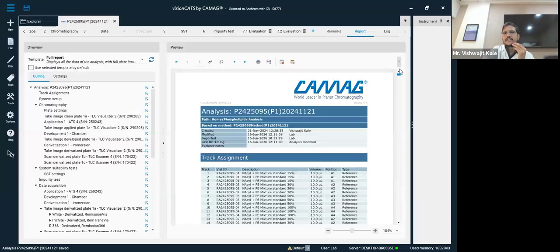Along with that, you can change the header, you can change the logo, and you can put your industry logo here. You can see the actual plate analysis name along with the creator of the analysis file, its modification done with time tag and date tag, username, everything is reported.